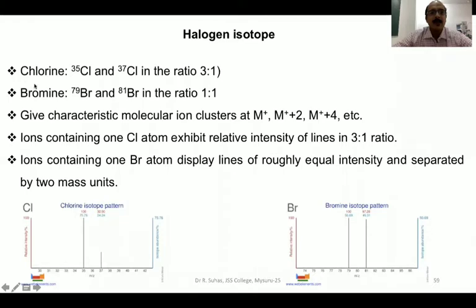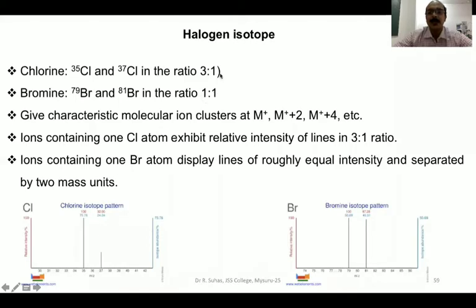Chlorine has two isotopes, Cl35 and Cl37, in the ratio 75:25, that is 3:1. Bromine also has two isotopes, 79 and 81, at roughly 50.2 and 49.8, roughly 1:1, and hence its intensity will be in the ratio of 1:1.